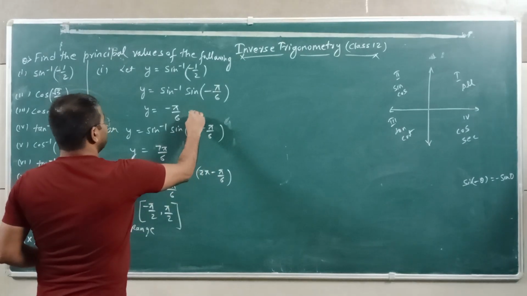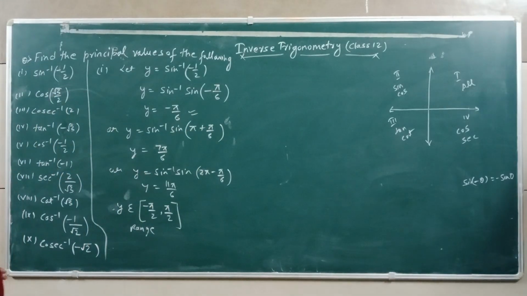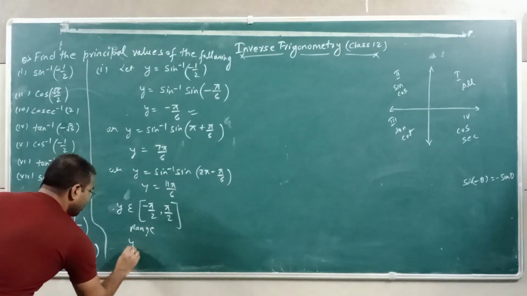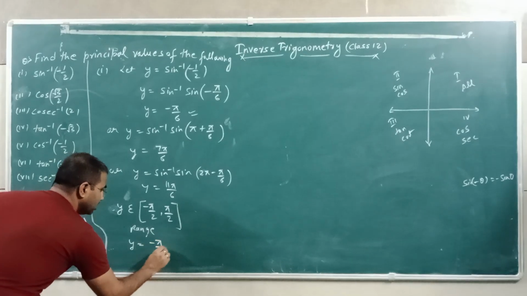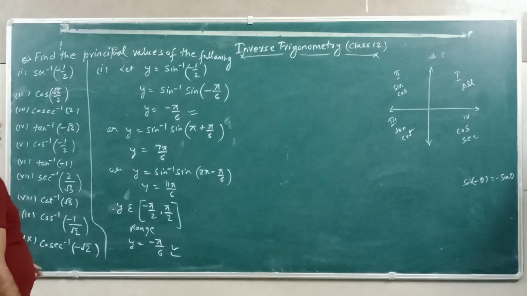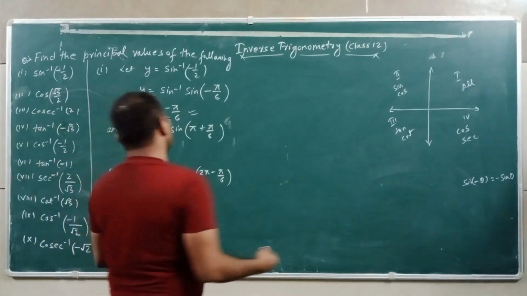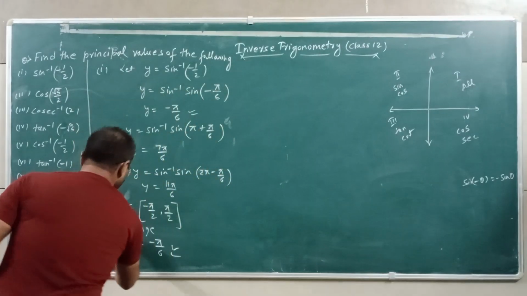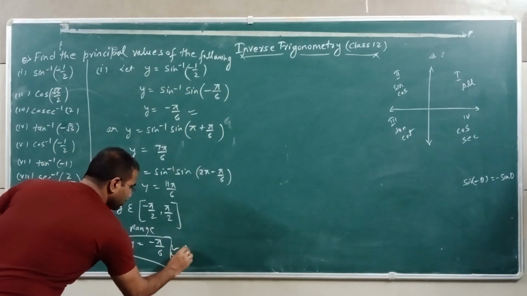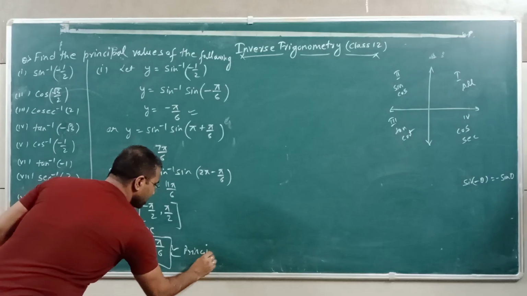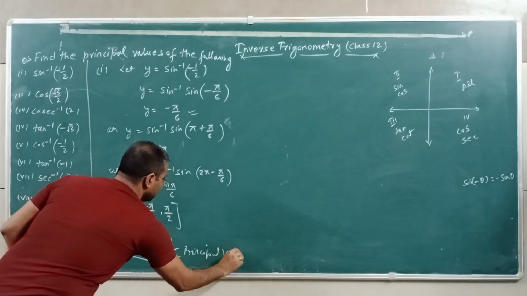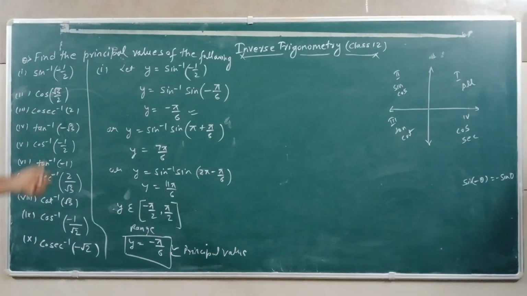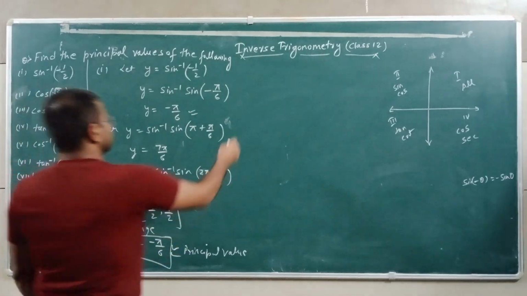The value minus pi upon 6 will come. So here the y value will be minus pi upon 6. It will be in the fourth quadrant. So this is the principal value, the principal value of the inverse trigonometry function.